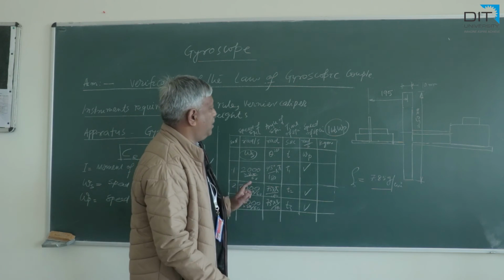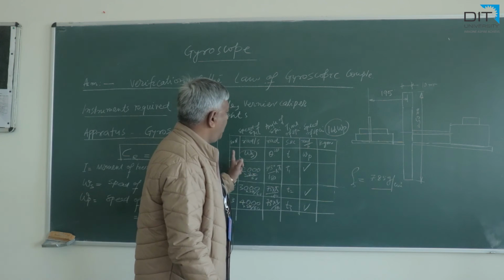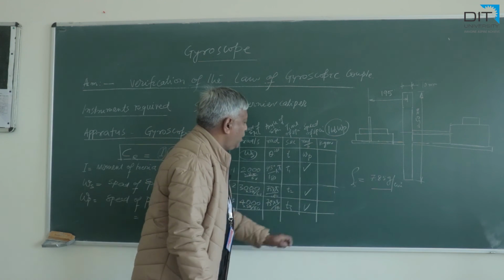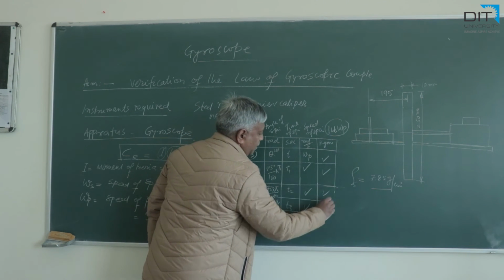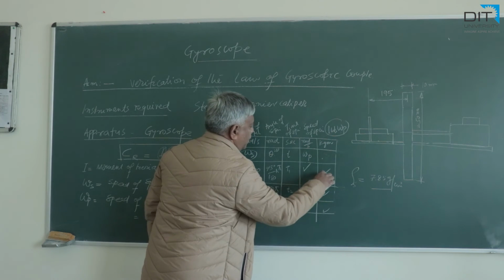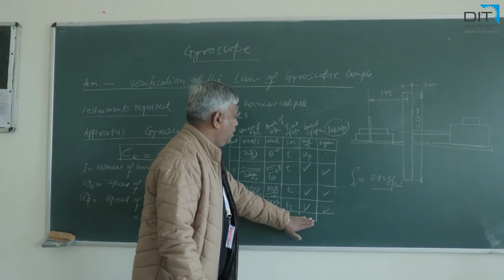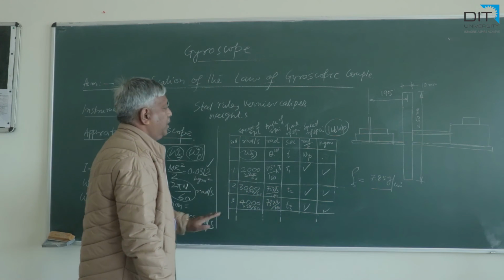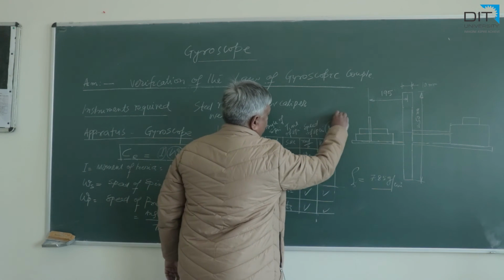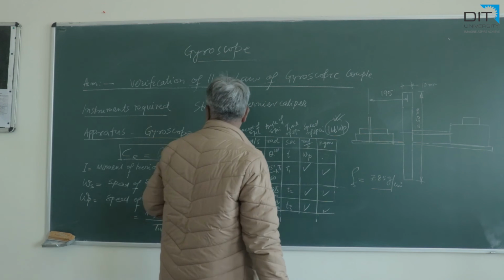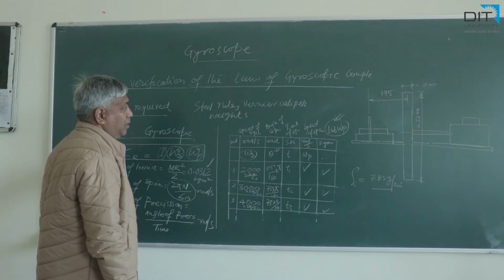So omega s will be taken from here, omega p from here, and we will calculate these things. These three data will be collected. Now the question is that this value is theoretical, because we are using this formula for reactive couple.